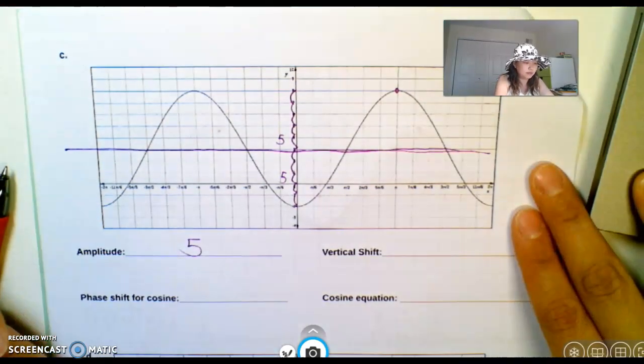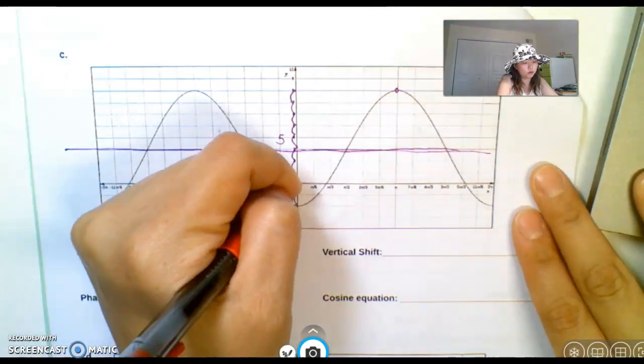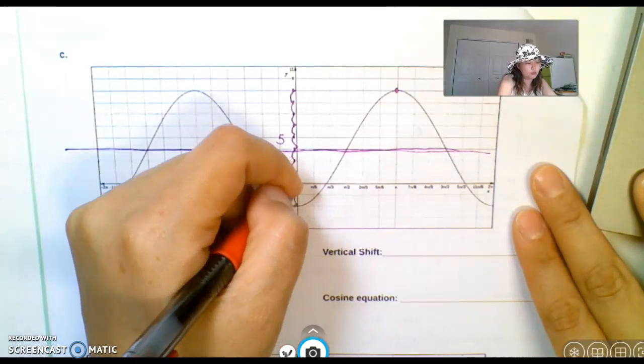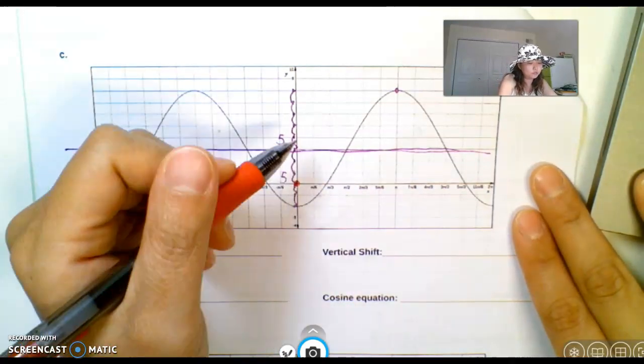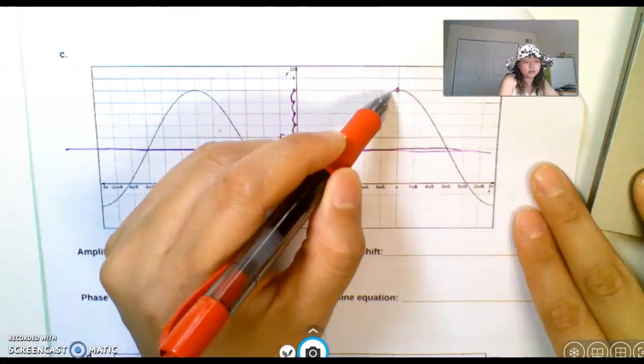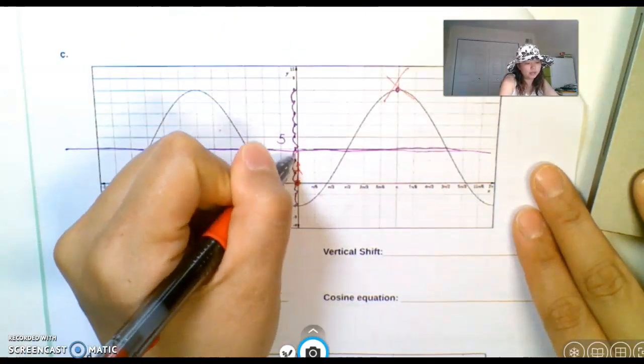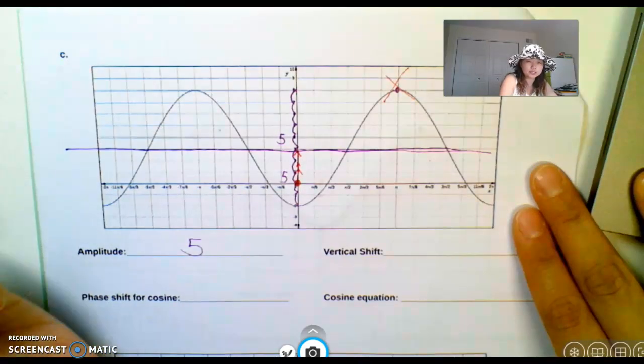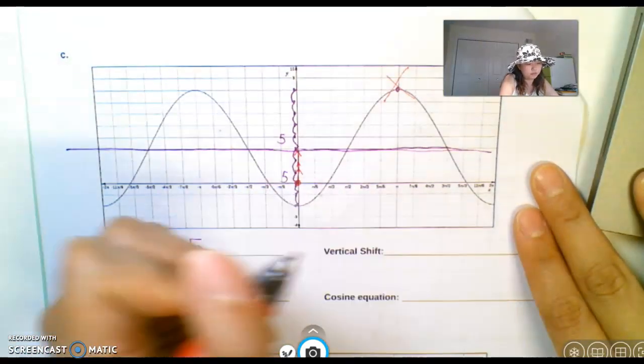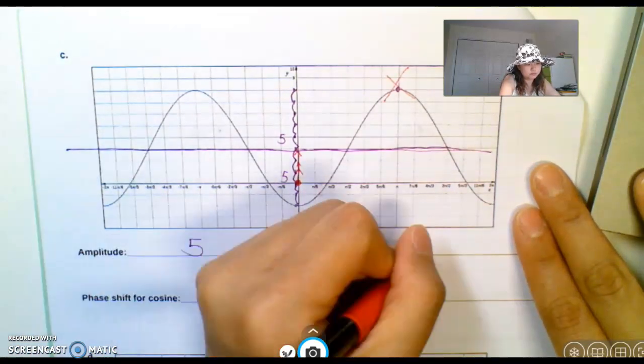So the amplitude is 5. Vertical shift: instead of starting at the origin, you have to go up how much? Remember, we're not going to this point. We're only going to the middle line, just as if we're doing a sine. So that would be up 3.